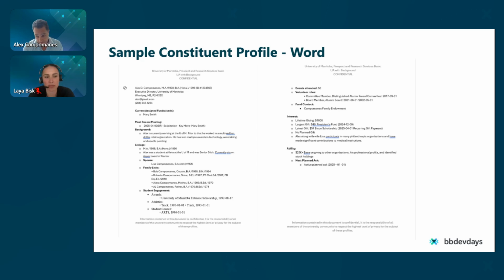the data is everywhere. I'm going to give you an example of just being in a constituent and then having to look through all of the relationships. Let's zoom in. Can you show the sample constituent profile?